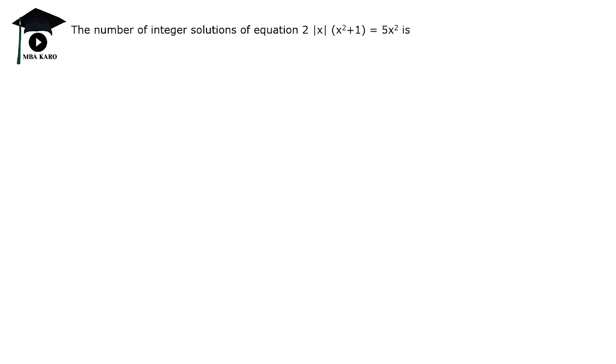The number of integer solutions of the equation 2 mod x square plus 1 equal to 5x square is. Now what we will do in this case is, see, we are given mod x. So if x is positive, then mod x is equal to x. And if x is negative, then mod x is equal to minus x.